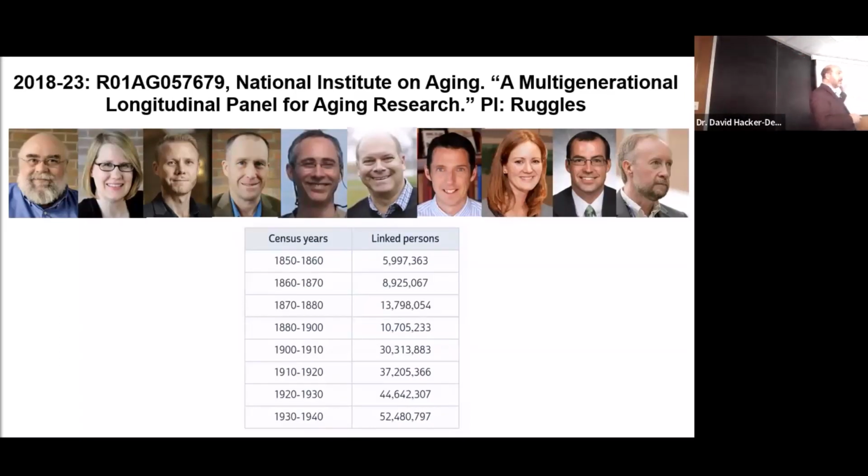And those crosswalks are available on the web now. This is all public information, by the way. So you can produce multi-generational samples. You can follow people over time. It opens up a whole new area for research. And I guess it's a great time to be a historical demographer.